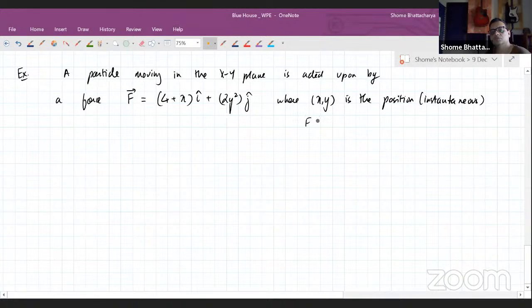The force is in newtons for the coordinates given in meters.